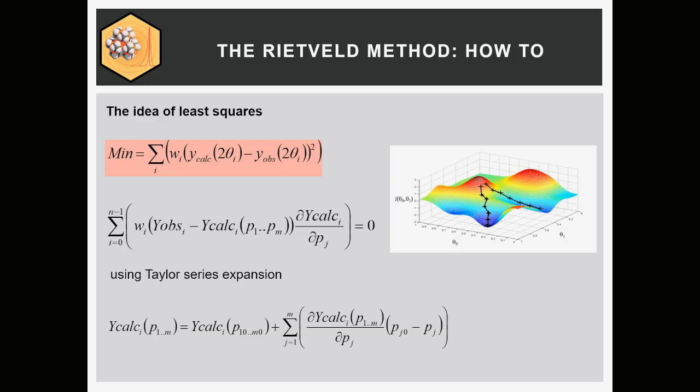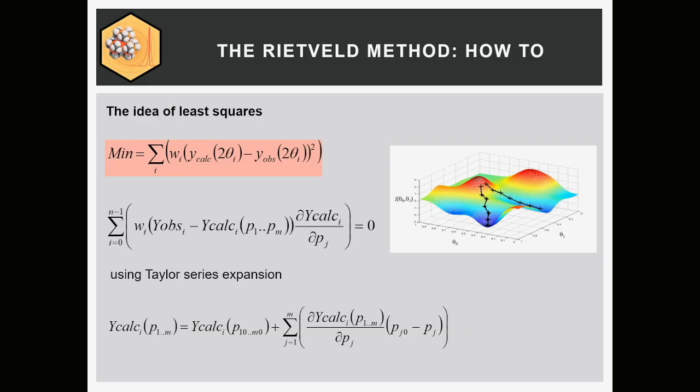The reason for this is that the Rietveld formula is not an algebraic formula. It's a very complex transcendental function which goes over pages, and therefore we have to use a Taylor series expansion.